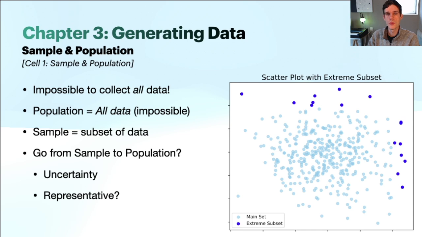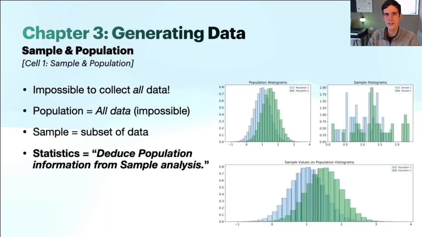And we conclude by reiterating the central idea of statistics, namely that you are deducing population insights from sample analysis, and that the sample that you are given is really a random subsample of the population dataset. And because of this random subsampling of our population, we need all of the statistical tools that we will learn about.